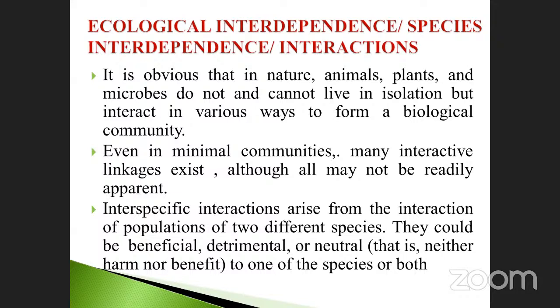Interspecific interactions arise from the interaction of populations of two different species. They could be beneficial, detrimental, or neutral, that is, neither harm nor benefit. For example, take any one forest. The plant is very important as food for herbivores, isn't it? The herbivores are food for which one?